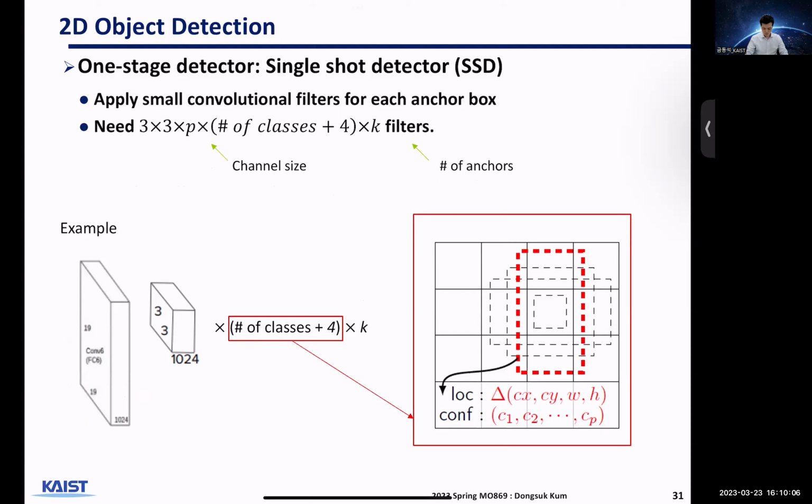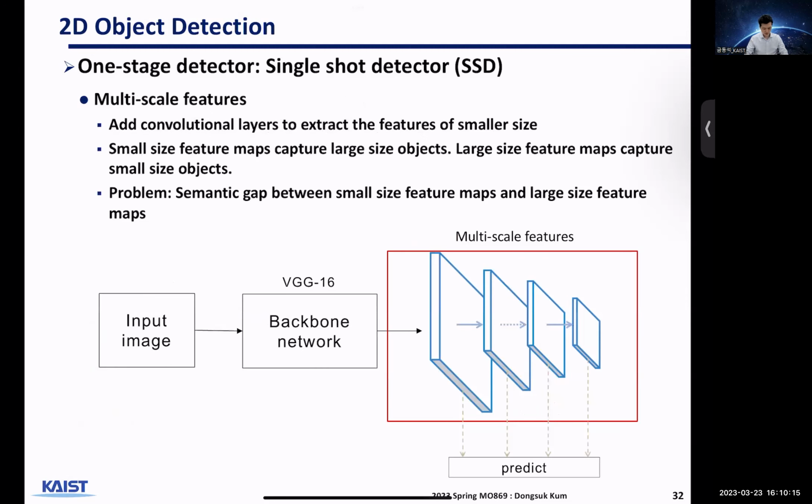I think I can move fast here. So I briefly talked about this earlier, so I will move fast here. And the key idea is to use multi-scale features. So like I said, it uses multi-scale features from low level to high level features for predictions.